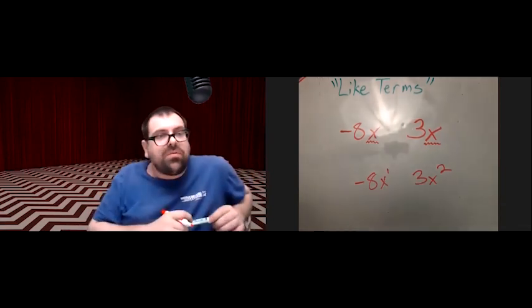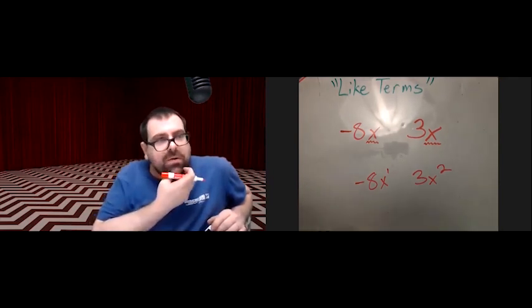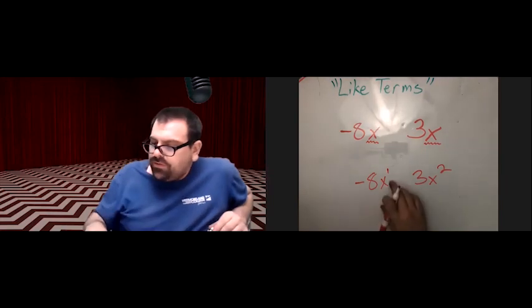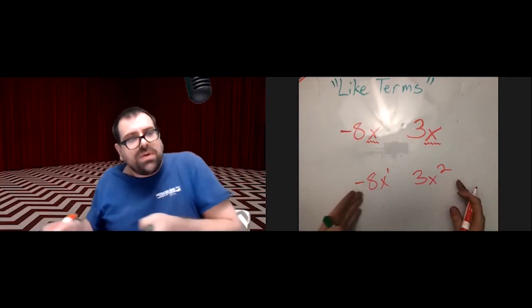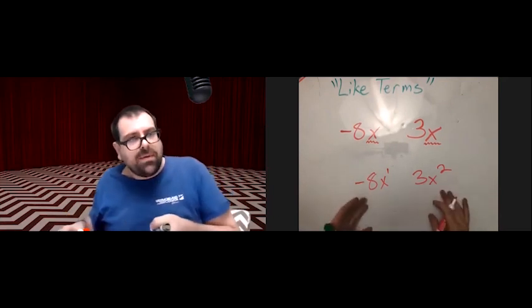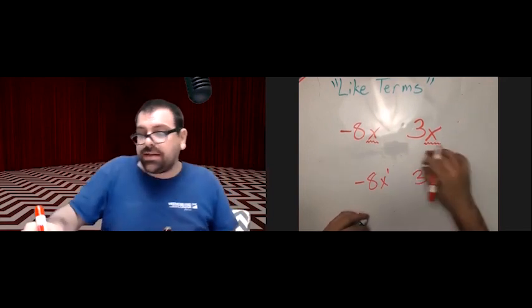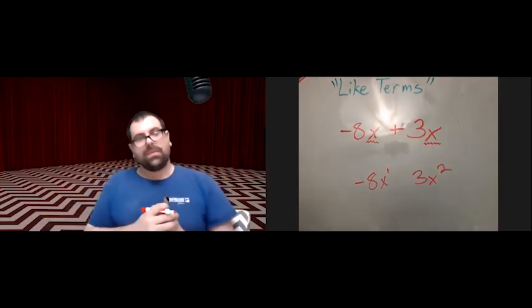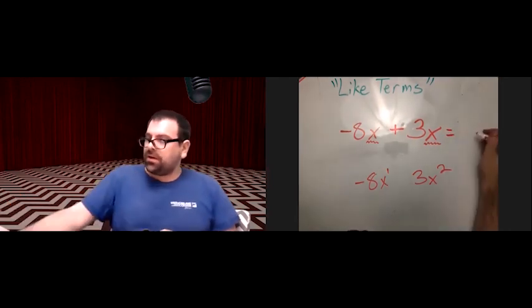An x with no exponent is an x to the first power. x to the first power, x to the second power, two different powers, which means we can't combine them in any way. But negative 8x and 3x, if we wanted to add these together, we absolutely could.